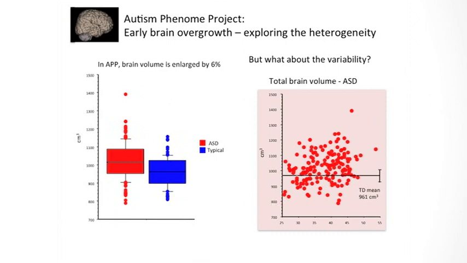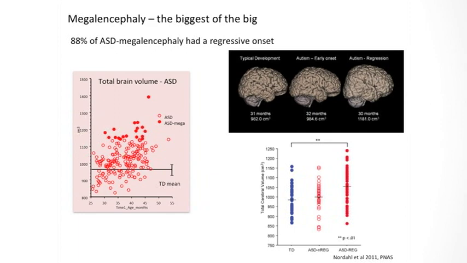And so what I wanted to do as a very first pass was to start parsing out these different groups to look for biological characteristics that may be explaining or associated with different brain size. So the first thing that we did was to look at behavior.